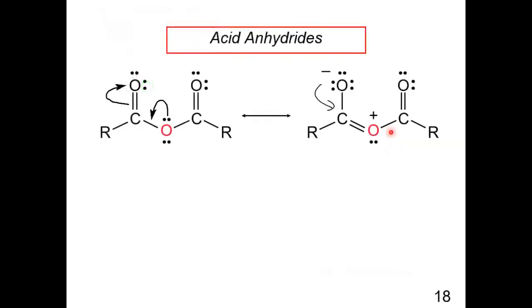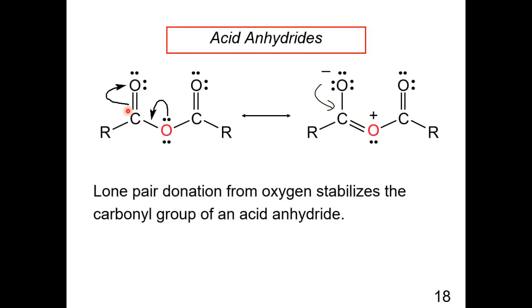Therefore the contribution of this form is sizably greater than the contribution of the stabilized form in acyl chloride. So the carbonyl group in acid anhydride is sizably more stable than in acyl chloride. Therefore, it's less reactive.